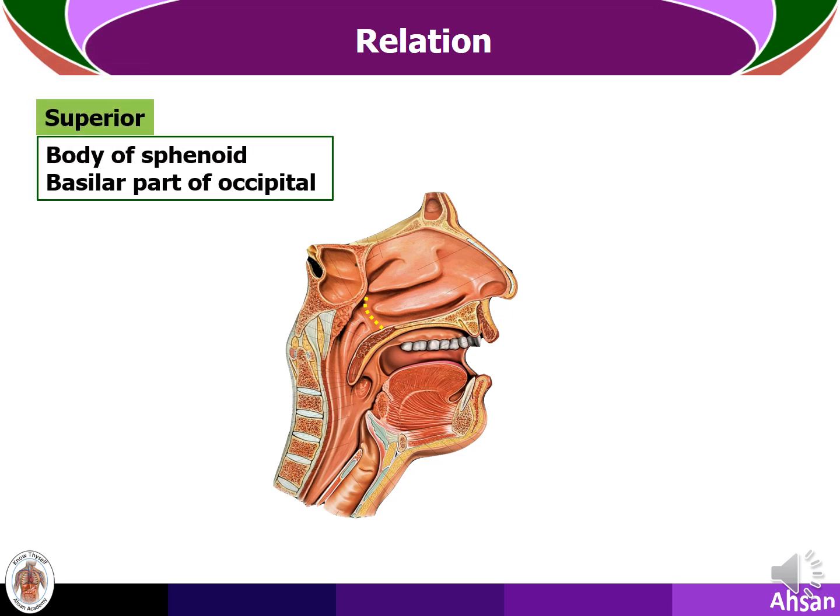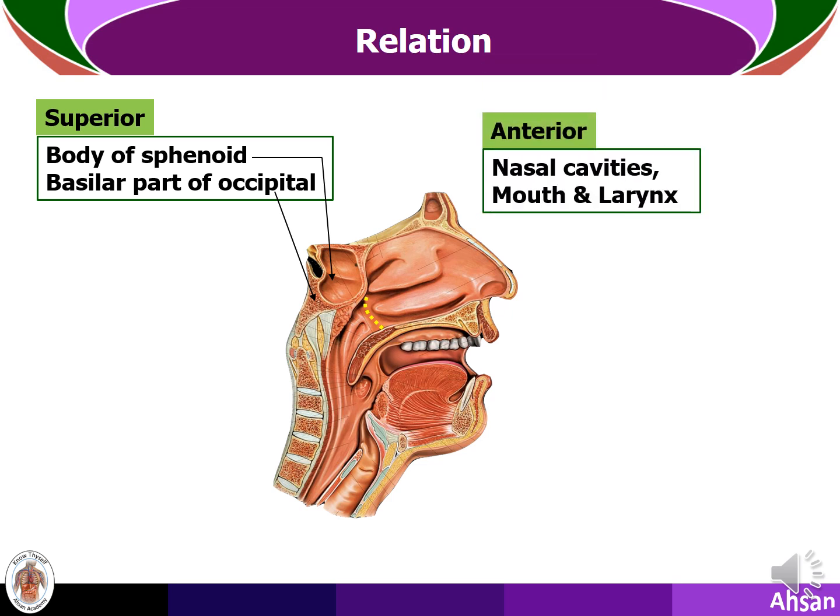Pharynx is related superiorly to the body of the sphenoid bone, forming the base of the skull, and the basilar part of the occipital bone. These are shown by arrows. Anteriorly, it is related to the nasal cavity, mouth cavity, and the larynx. I have said it in an earlier slide. This is the nasal cavity and its opening, this is the oral cavity and its opening, and this one is the larynx.